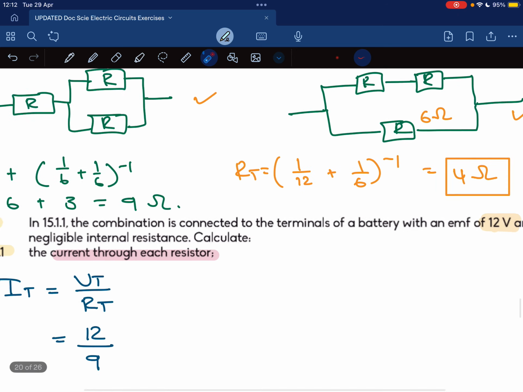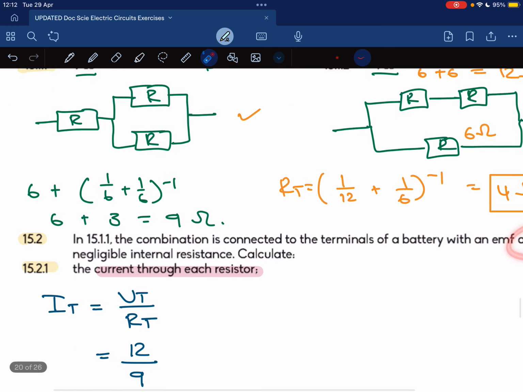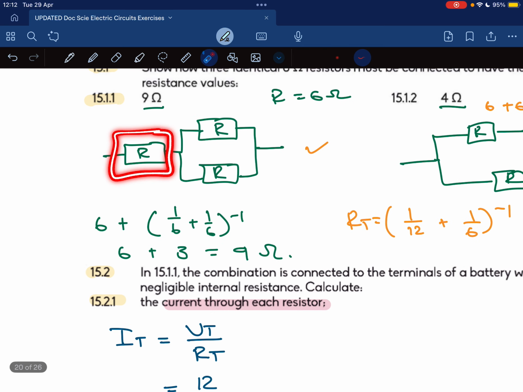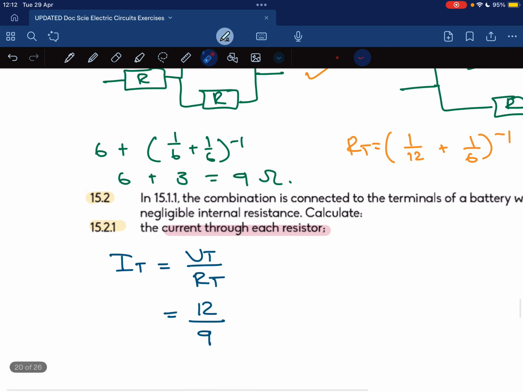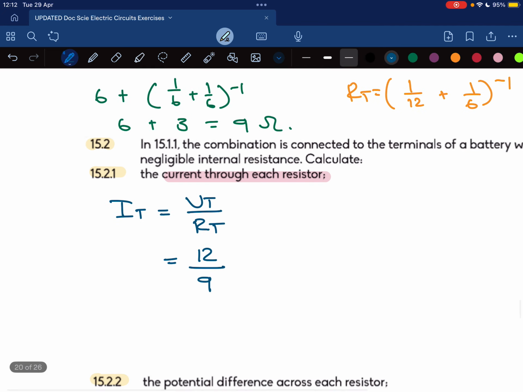Remember, they said the total voltage is 12. So the voltage here plus the voltage here is equal to 12. It's not 12 that goes through the 6, but rather 12 that goes through the total resistance. Then I get an answer of 1.33 amps.